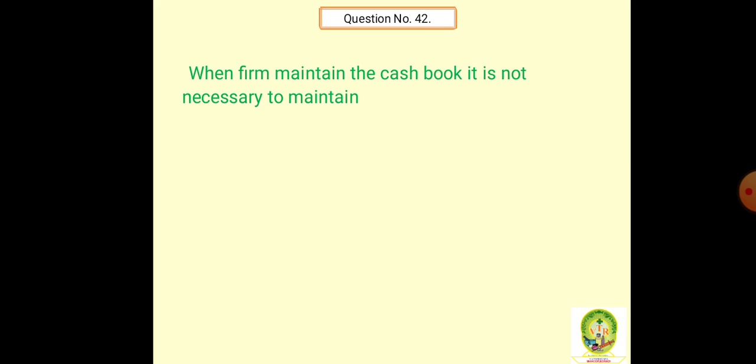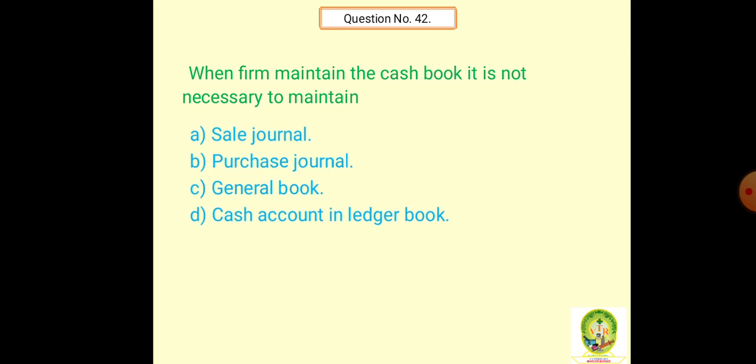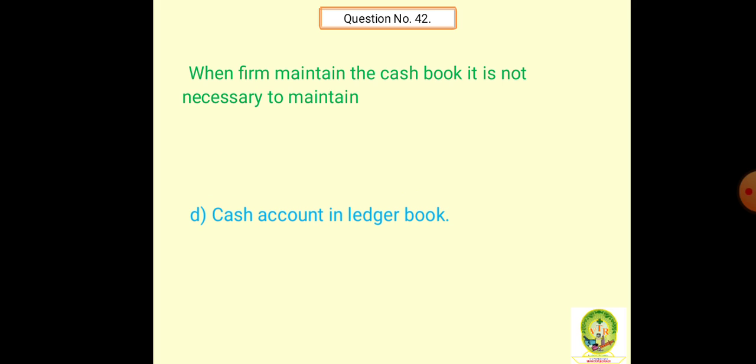Right answer is C. When firm maintain the cash book, it is not necessary to maintain. Options are A. Sale journal, B. Purchase journal, C. General book, D. Cash account in ledger book. Right answer is D.